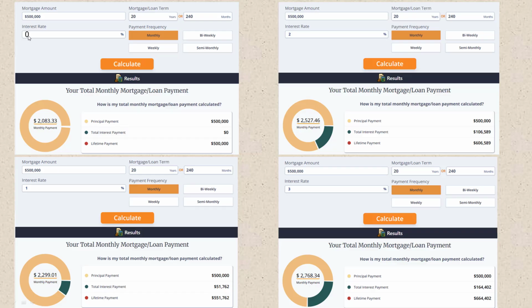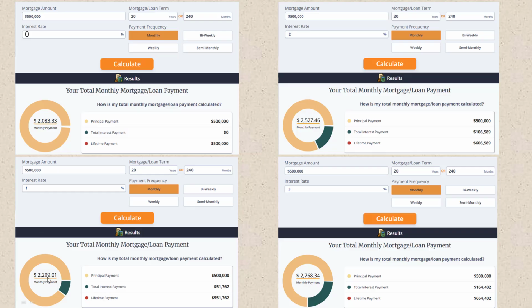But anyway, if your interest rate was 0%, then the total interest payment would be zero. And if you borrowed $500,000, in the end you would pay $500,000 back. Now, if we go up to 1%, the total interest payment over the whole 20 years is almost $52,000, $51,762. If you increase from 1 to 2%, notice at 0% that was the monthly payment.